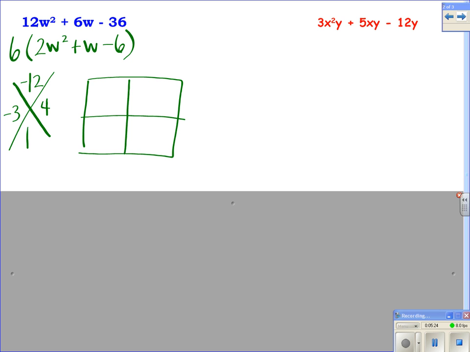And what is the reason that we have to do this window step? The coefficient in front of your first term, this 2 here, requires us to do this step. So we've got -3w and 4w. Original along the diagonal. What is in common down here?